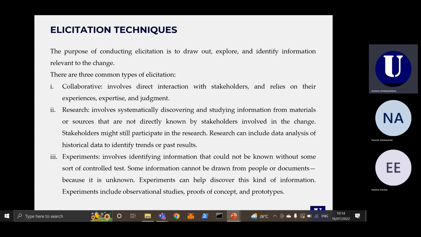We can take our requirement elicitation from this approach. Maybe we take a miniaturized version of our e-learning solution, right? A small version of it, maybe a prototype of it, right? We can take that miniaturized version of our e-learning solution.